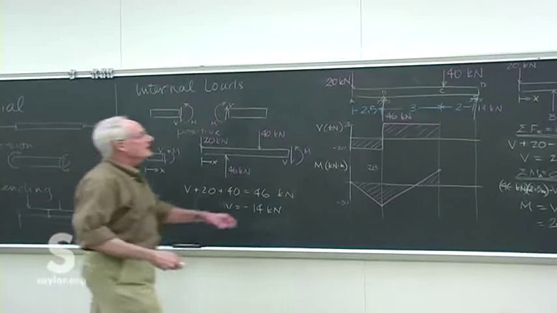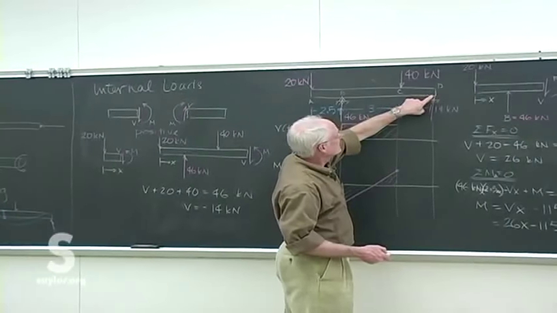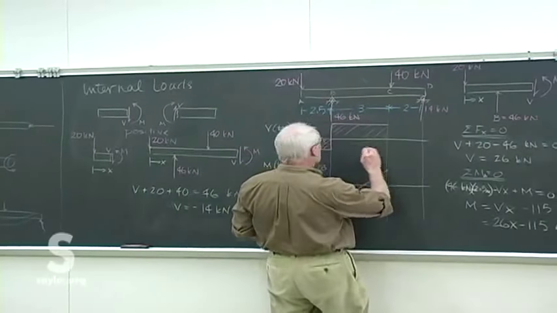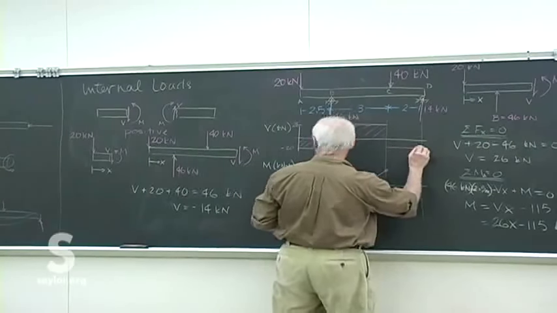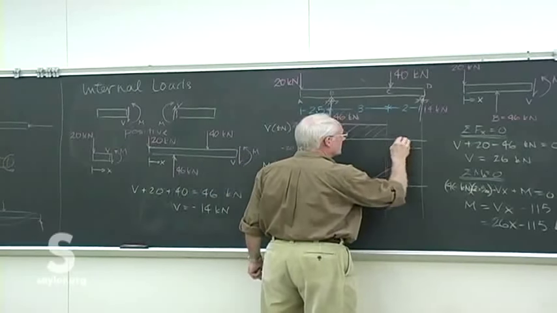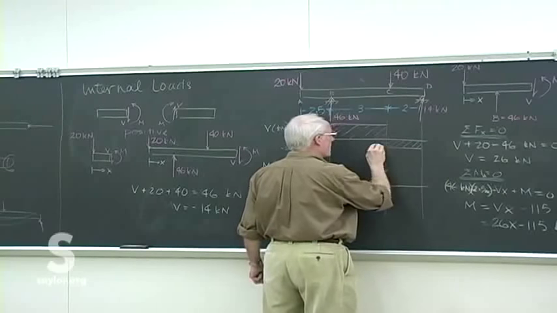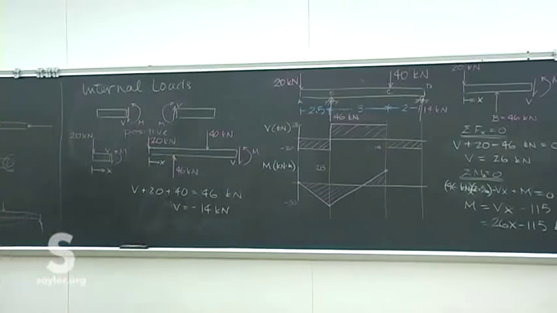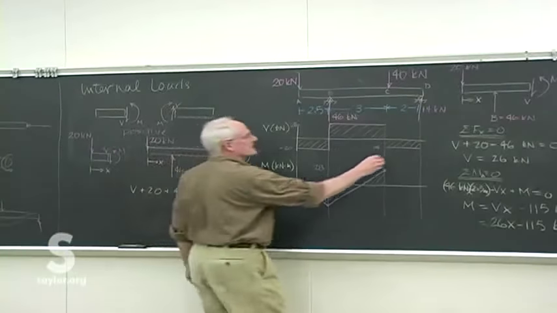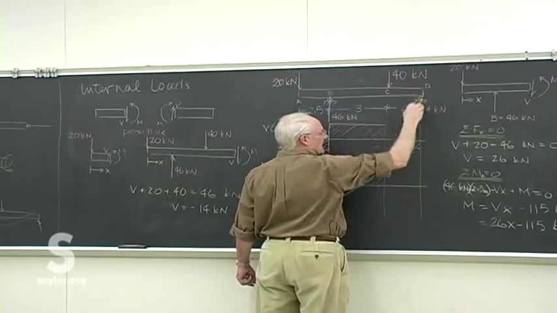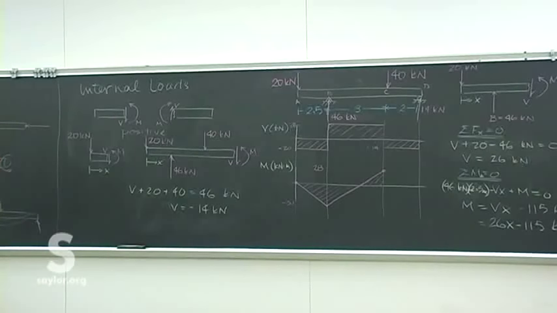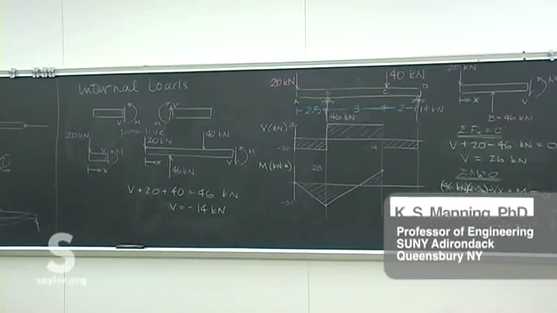Which it should be, because we finish with a support of 14 over there. So now we can draw in the shear, just using the value that came right from assuming a positive direction, which gives us an automatic negative sign. And now we've got the shear diagram completed. And it agrees because we jump up 14 to the end, and there's no additional shear at the end. So we finish just as we should.